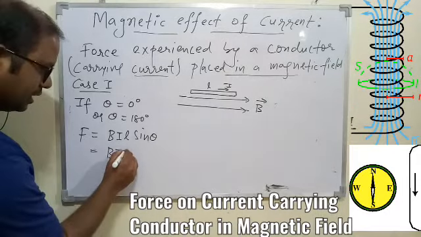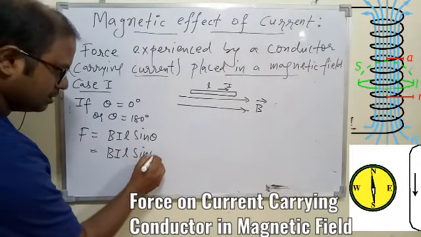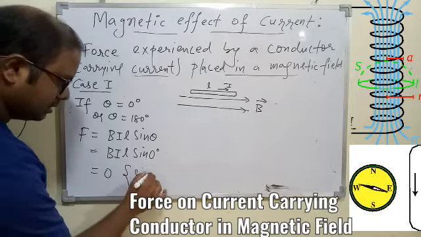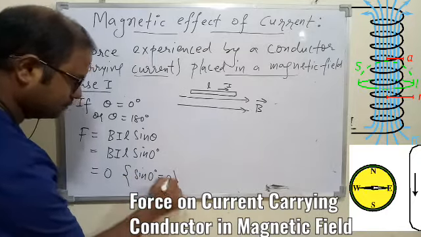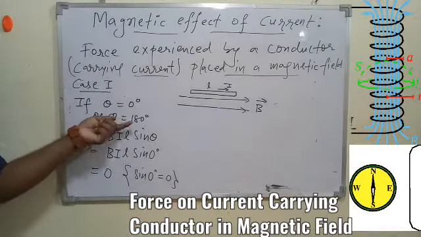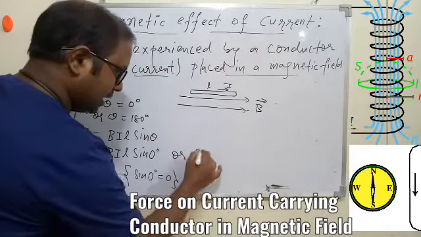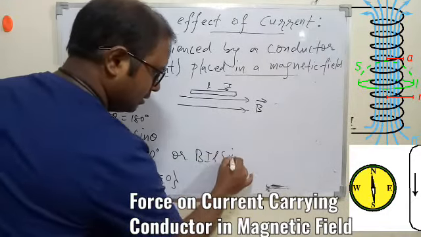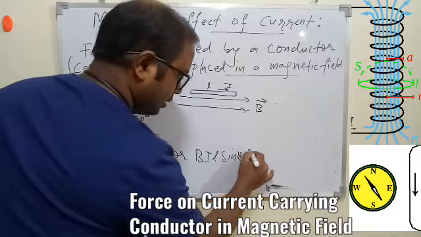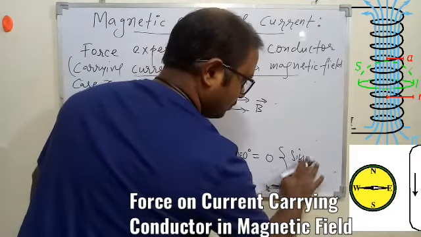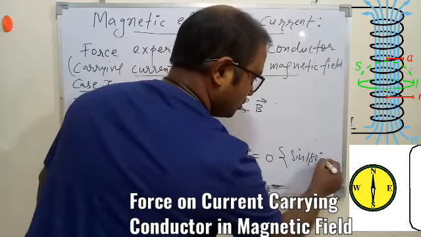So overall BIL sine 0 degree is nothing but 0, because sine 0 degree is 0. And the same with the 180 degree also: BIL sine 180 degree is also 0, because sine 180 degree is also 0.